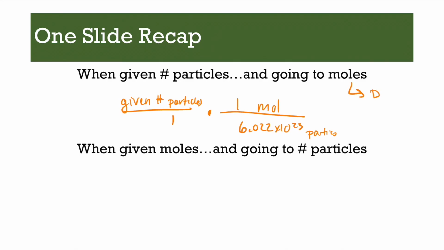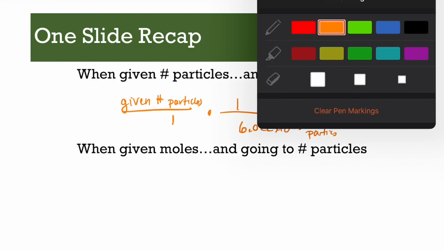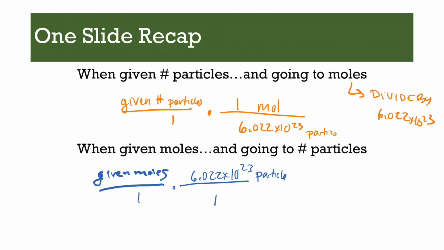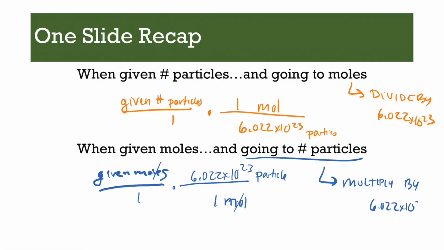But oppositely speaking, when you're given moles over 1, and you're going to number of particles, we're going to multiply by 6.022 times 10 to the 23. Remember, your moles would cancel out, particles on top.